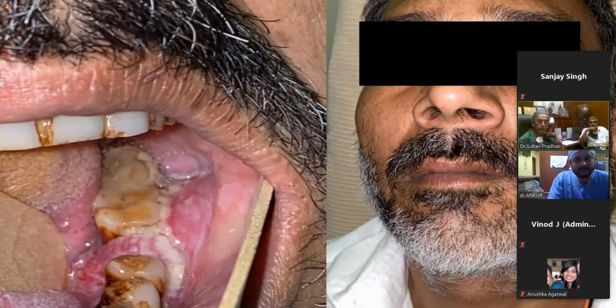Suppose he has a shave and you find a large amount of skin involved. Would you still consider surgery? Sir, if there is extensive skin involvement up to the zygomatic process or up to the parotid or retroparotid area, then we won't consider direct surgery.